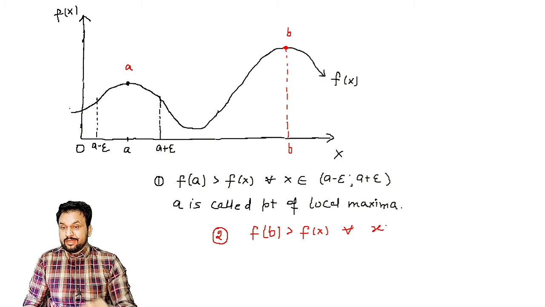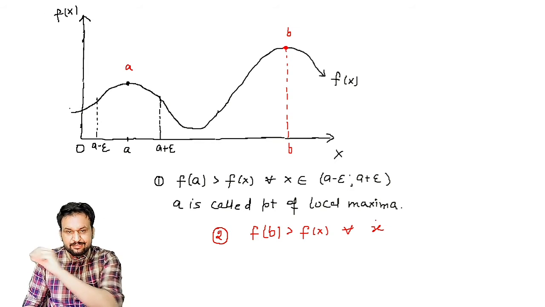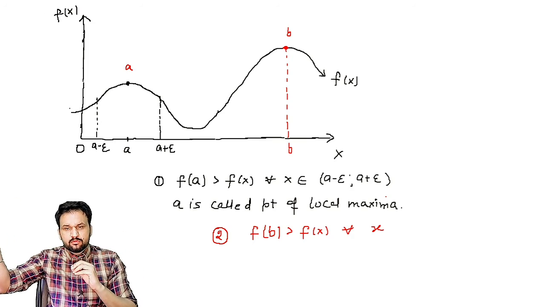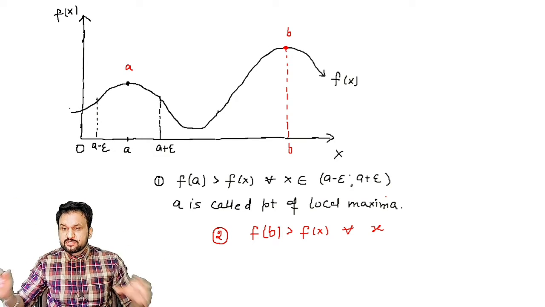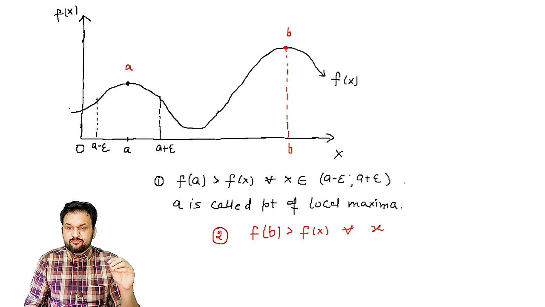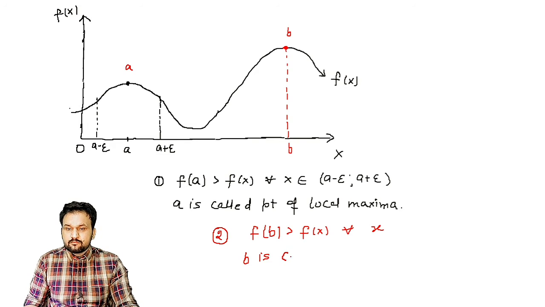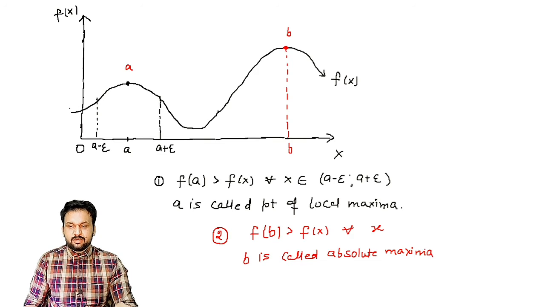Here I'm not giving you any interval, for all x means the complete real line, the complete function. The function gives a maximum value at point B. In that case, B is called the absolute maxima, or absolute maximum. Clear? So this is the approach for local, and this is the approach for absolute.